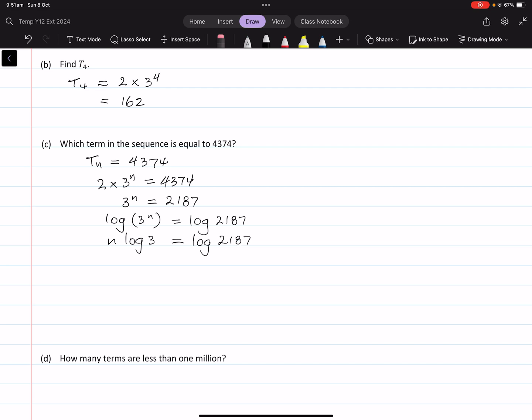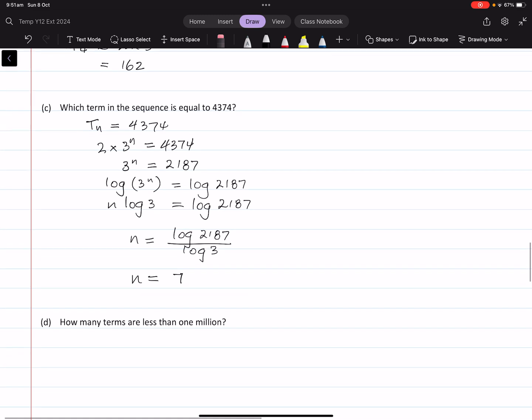And so dividing both sides by log 3, I get n is equal to log 2187 divided by log 3. And when you put that in the calculator, you can use either log base 10, which is just your log button, or ln, your natural logarithm button. Either one will work. I'm just going to use the log button, and so I get n equals 7.